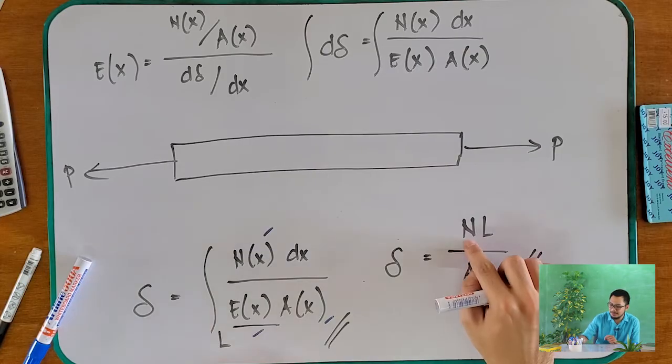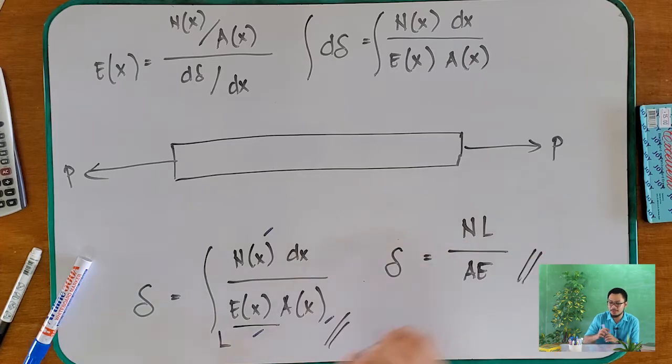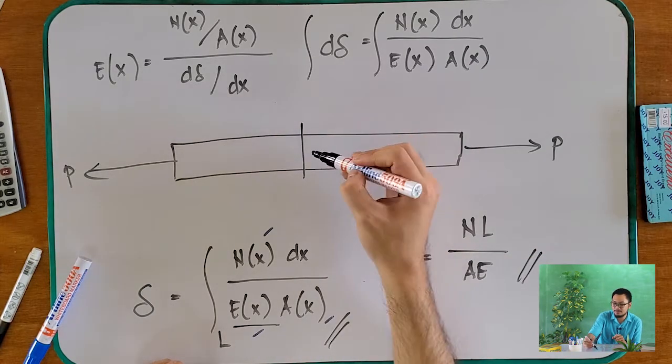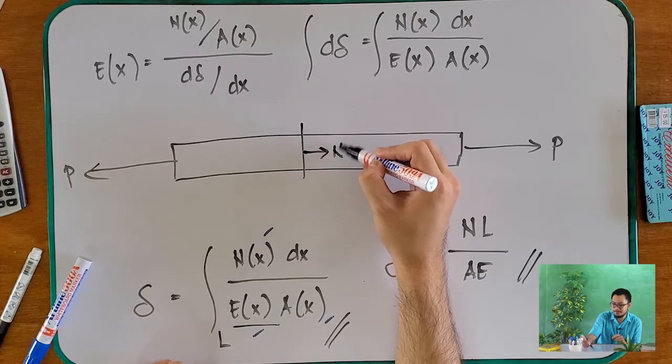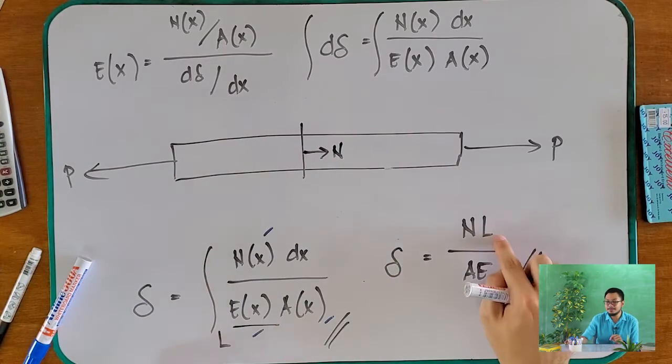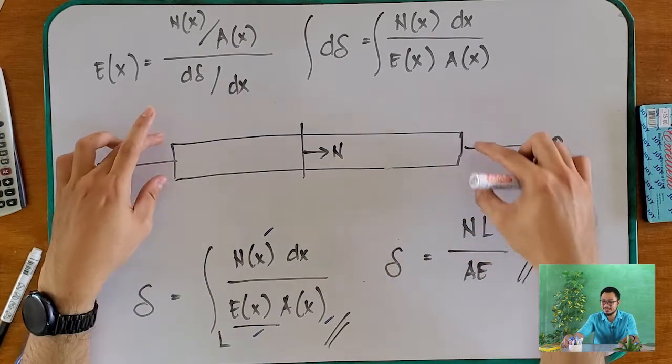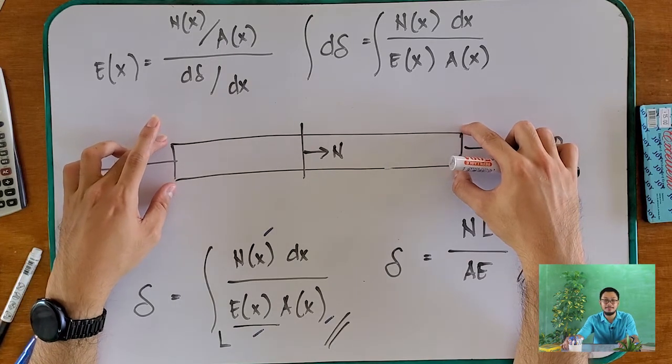So, what is N? This is the internal normal force. So, if you cut here, that is N. The L is the length of our beam.